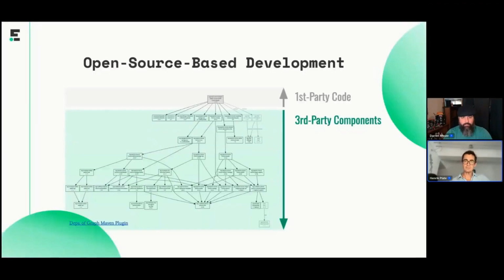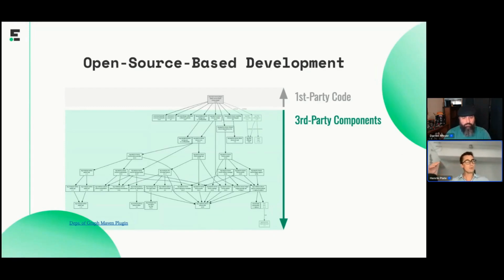So we start, just for setting the scene, with a picture you have seen in the past a couple of times already. This is a dependency graph of the Graph Maven plugin. It's an arbitrary component which we always use to illustrate where we are in terms of open source based software development.